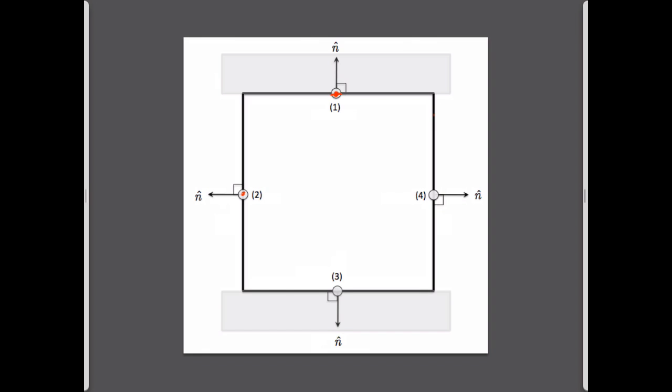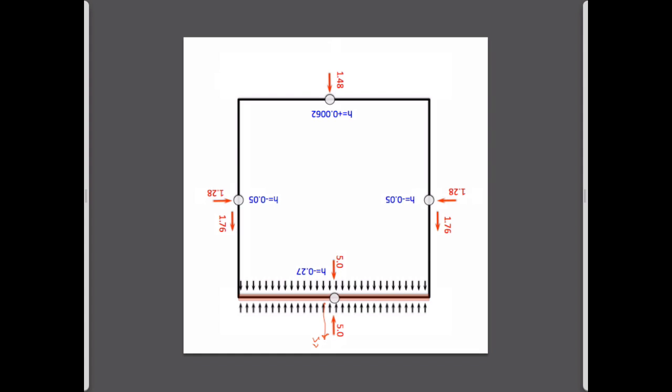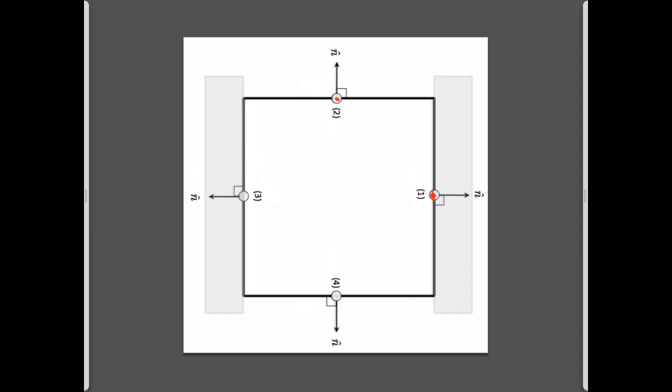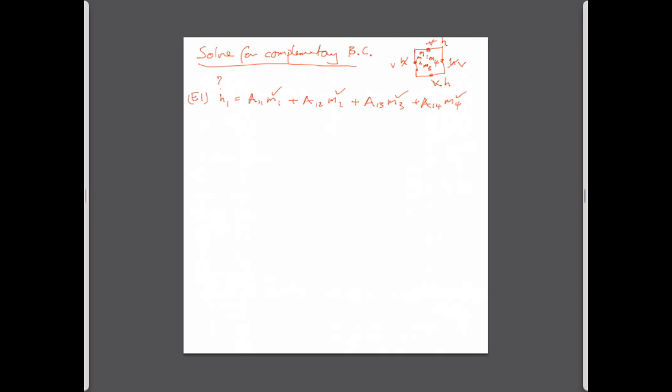So this is element 1. We're going to put a source on it. Self-influence on a source at element 1, A11 is going to be 0.27. It's actually much easier to do this on an overhead projector, where you just have 2 sheets on.